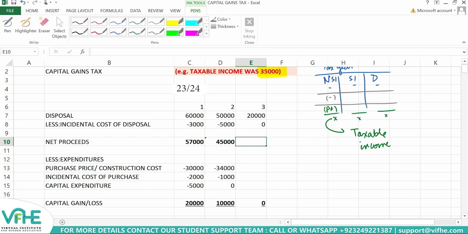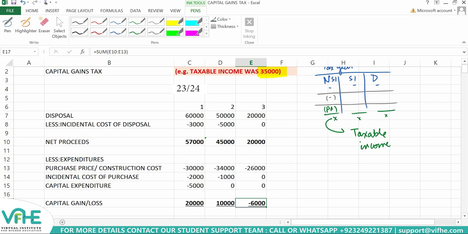So net proceeds are the same, £20,000. This asset was purchased for, let's say, £26,000, and let's suppose we did not incur any incidental cost of purchase or capital expenditure on this asset. So this asset has been sold at a loss of £6,000.